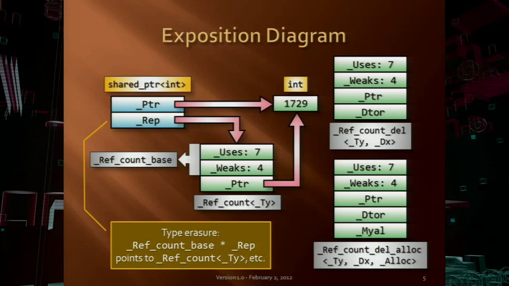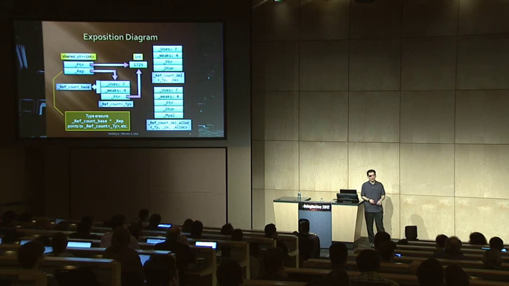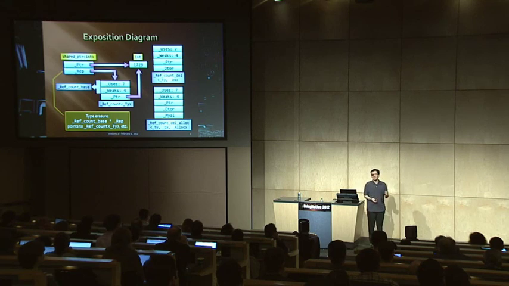Here I've outlined it as _Ref_count<T>. It's templated on the element type. It stores both the strong ref count, the number of shared_ptrs pointing to it, also the weak ref count, because we support weak_ptr, and it has an extra member here internally, _Ptr. So the way that this works with type erasure is that the shared_ptr has a pointer to a non-template base class. Here it's _Ref_count_base.